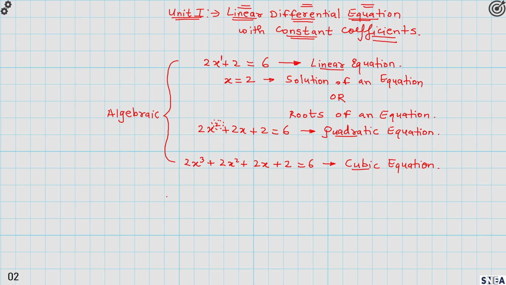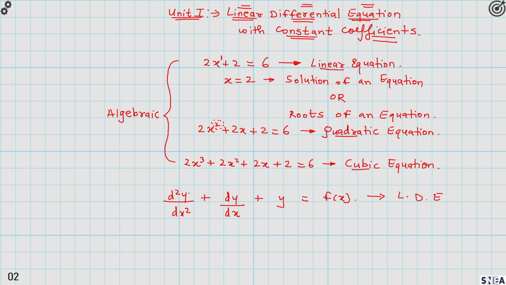Suppose I write here d2y upon dx square plus dy by dx plus y equals f of x, function of x. In an equation there should be an LHS and an RHS. LHS is there, RHS is there, right? So this equation is called a linear differential equation.